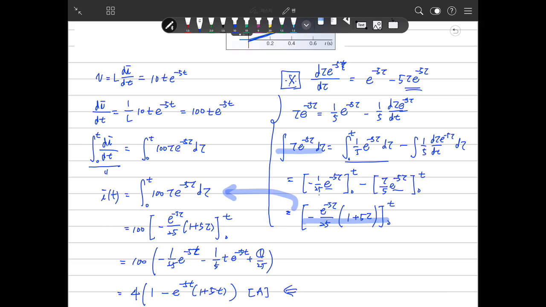From now on, you will solve some problems, but the burden in solving circuit problems is to solve equations such as this. You have to integrate, or we have to solve differential equations, and the integral can be somewhat complicated.